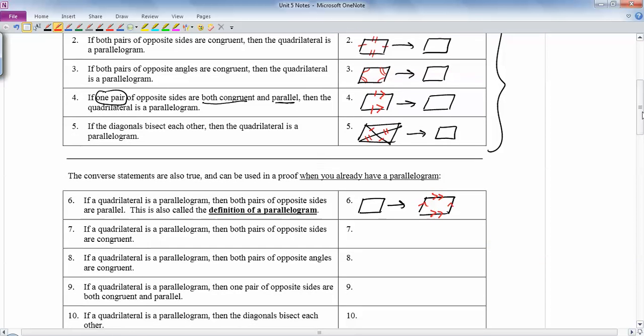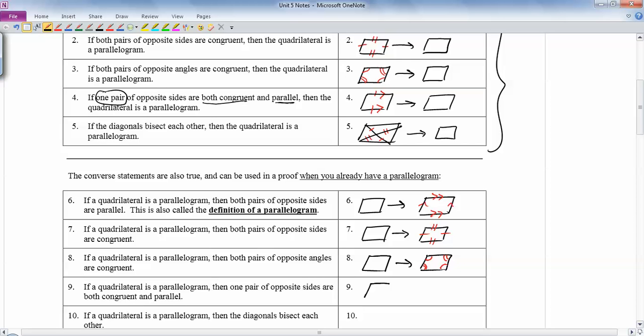The second one, same deal, right? I'm just going to reverse them. So you would know that opposite sides are congruent if you have a parallelogram. Or opposite angles would be congruent in a parallelogram. So 2 and 2, 1 and 1.